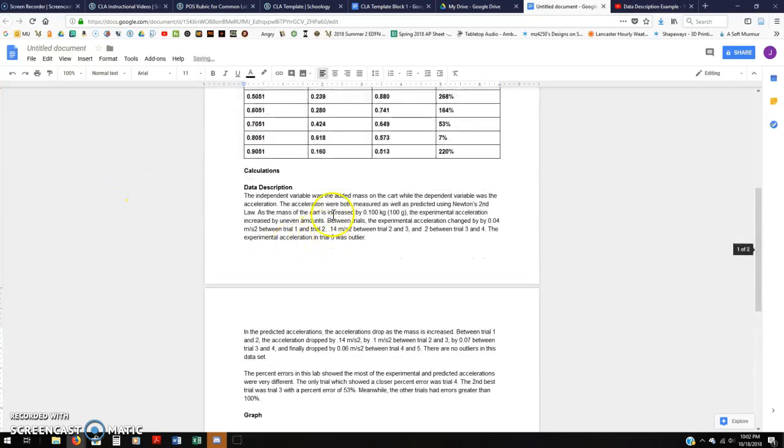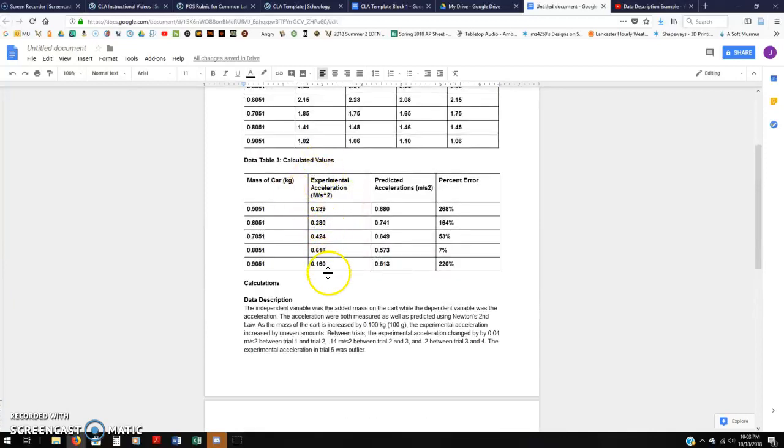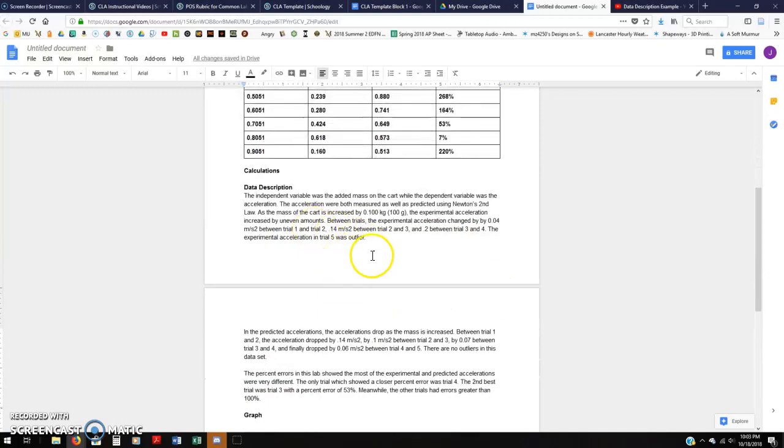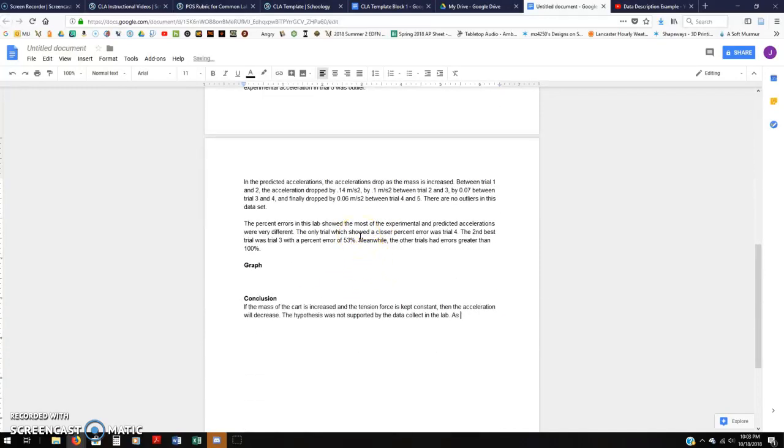Alright, now let's kind of look back and see what we said about the acceleration here. So, as the mass of the cart increased, .1 kilograms, the acceleration dropped in each trial, period.